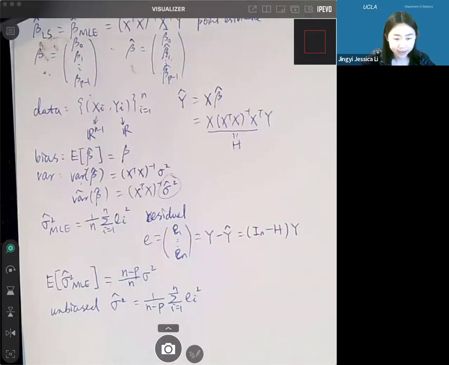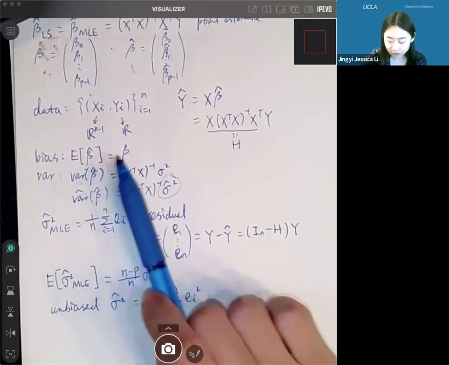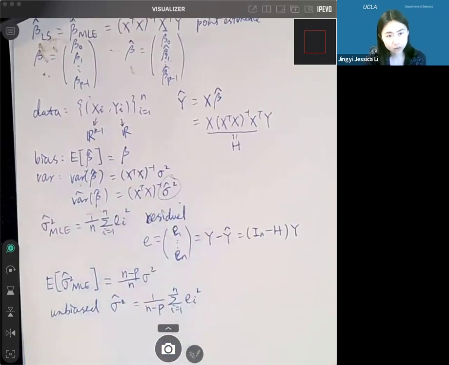We talk about beta hat and we talk about the estimated variance of beta hat. However, knowing the mean of beta hat as the true beta, knowing the variance estimate in this form, still is not a full picture yet. We haven't talked about the distribution of beta hat around the true beta.